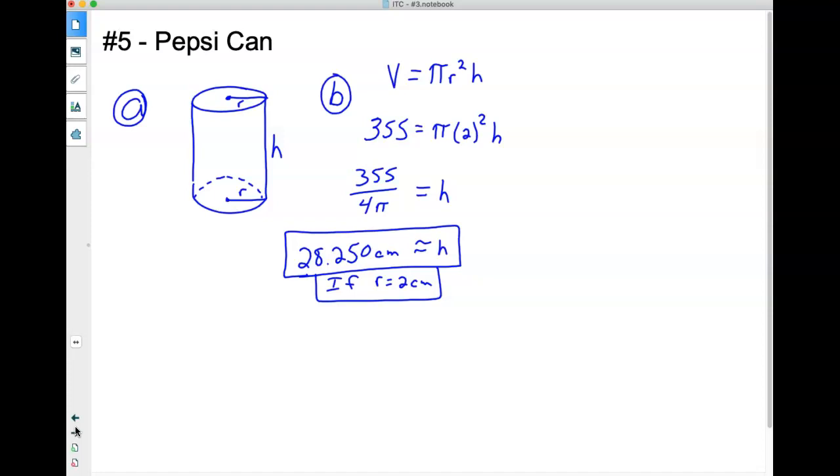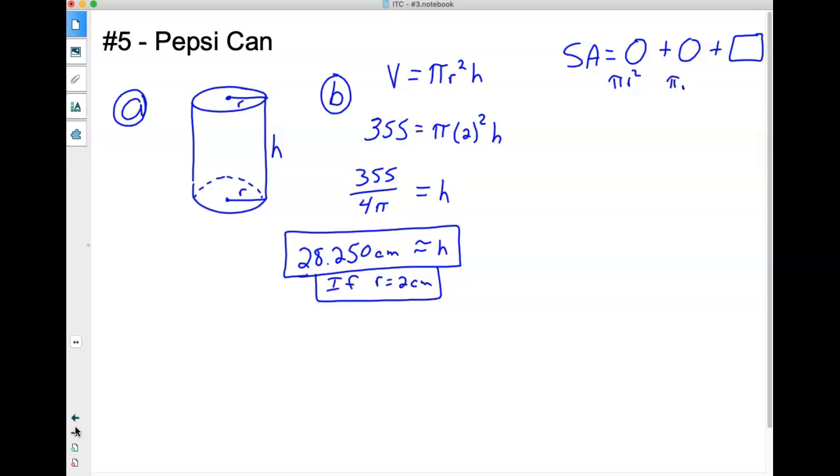So, surface area. How do we find surface area? Surface area is going to be top of the can plus bottom of the can plus the lateral area, or the side of the can, which when you cut it out, just lays out into a rectangle. You know how to find the area of a circle: pi r squared.